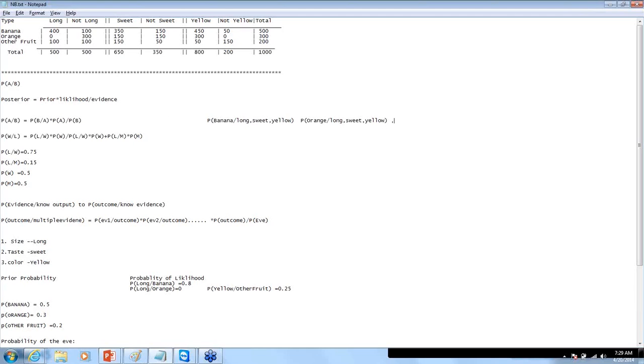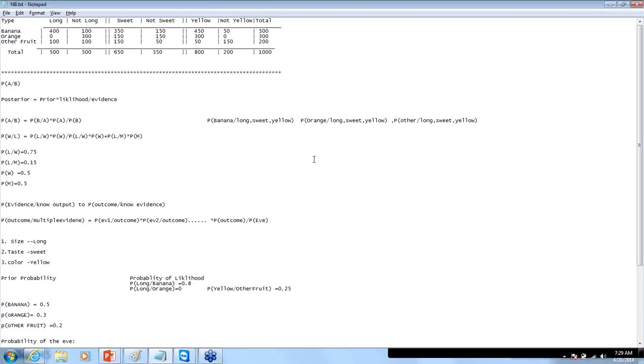And the third outcome is the probability that this fruit is of the other category in the same condition. Now how will we find out? We will calculate the individual probability of whether it is a banana, orange, or other fruit, and whichever probability is higher, that category we will assign to this new fruit. That's how naive Bayes will work.